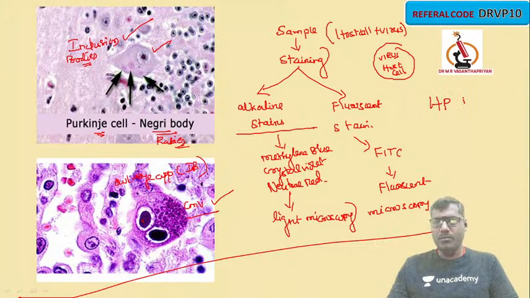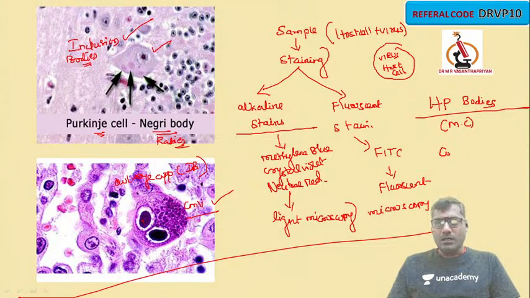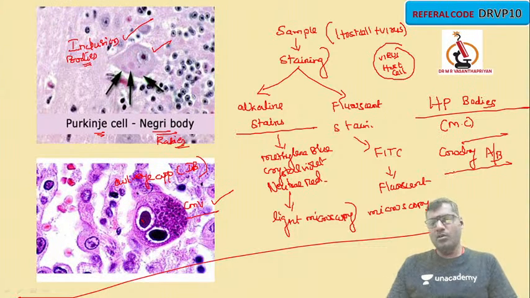That is HP bodies, the Henderson-Peterson bodies, present in molluscum contagiosum. Then Cowdry type A or type B bodies are present in some other viral infections. So now the Negri bodies, owl eye inclusions, HP bodies, Henderson-Peterson bodies, or Cowdry type A or type B bodies, these are all inclusion bodies used for a specific diagnosis of a viral infection.